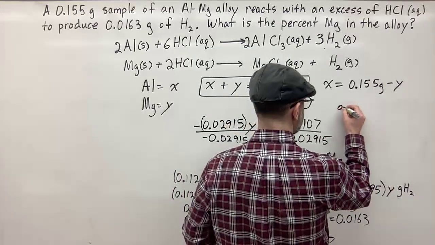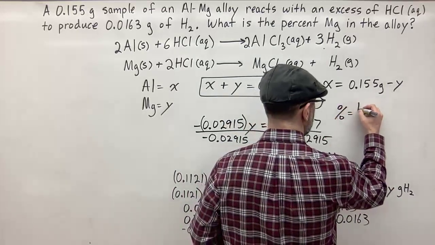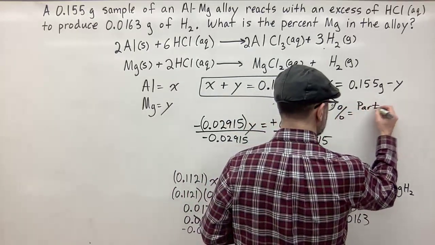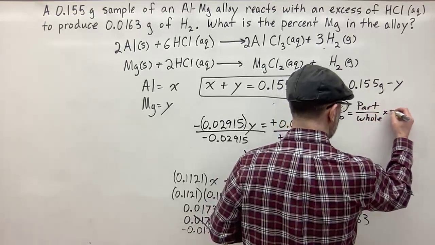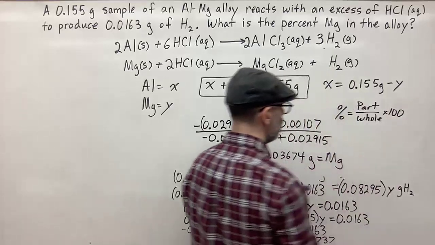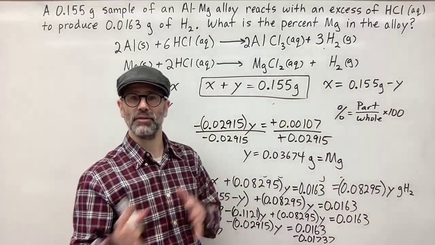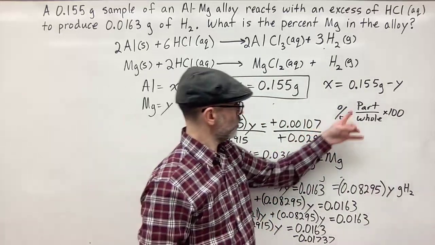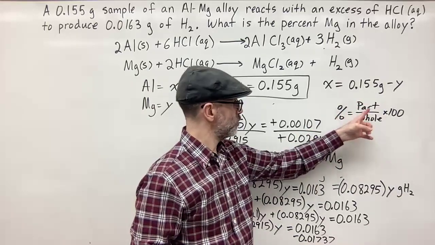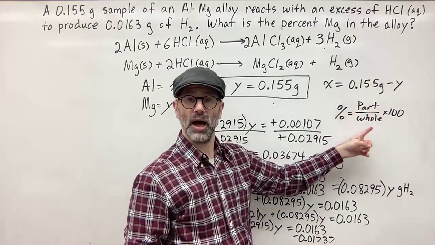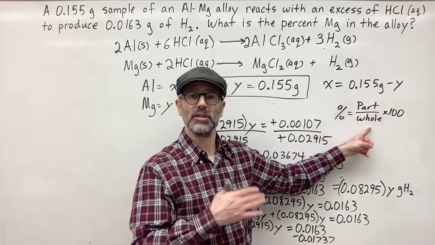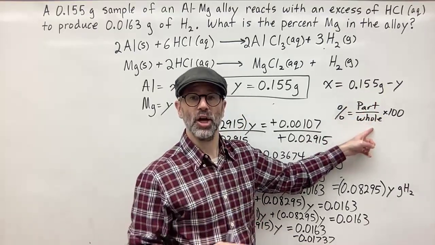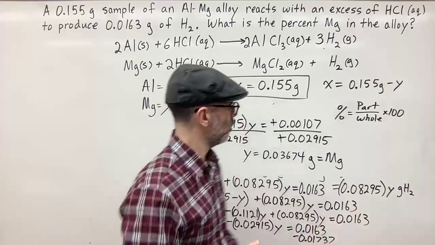Percentage is equal to a part divided by a whole multiplied by 100. So percent means out of 100. The first thing you always do is you get a fractional amount, so part divided by whole. And then to make that out of 100, you multiply by 100.